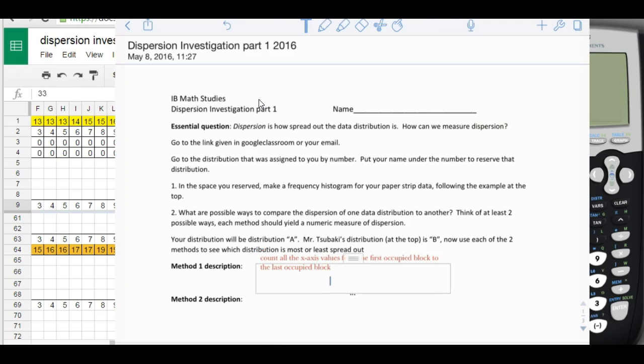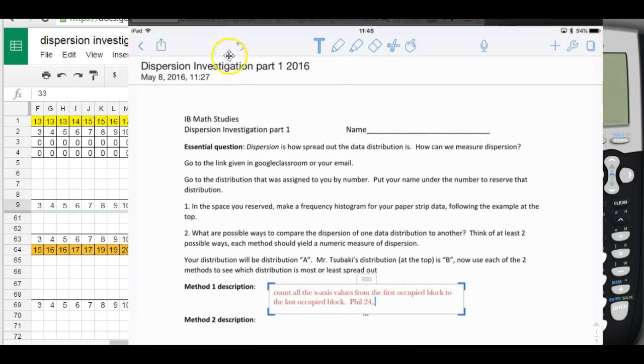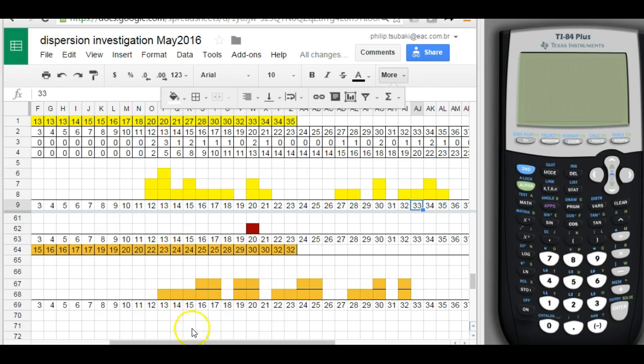Okay? And so, for example, when I do this, I get for the teacher distribution the value of 24. And now let's do the same thing for the orange distribution, see what I get.